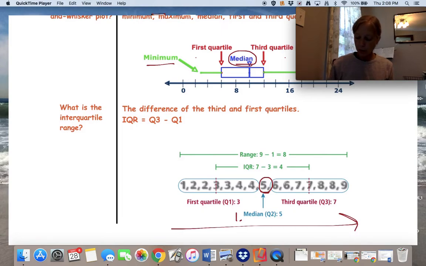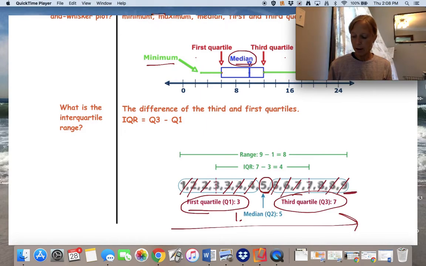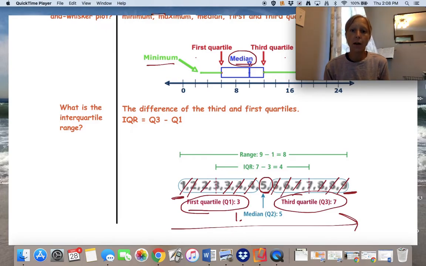So now I'm going to look at my lower half of numbers and find the middle of my lower half. That's my first quartile. The middle of my upper half gives me my third quartile. And then at the very end, I can identify my maximum and my minimum. These 5 numbers we call our 5-number summary because it summarizes the data with 5 numbers. Mathematicians are so creative.